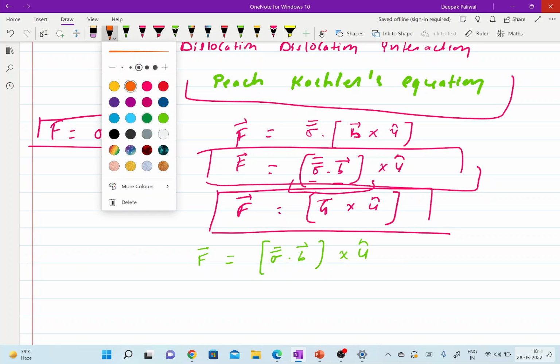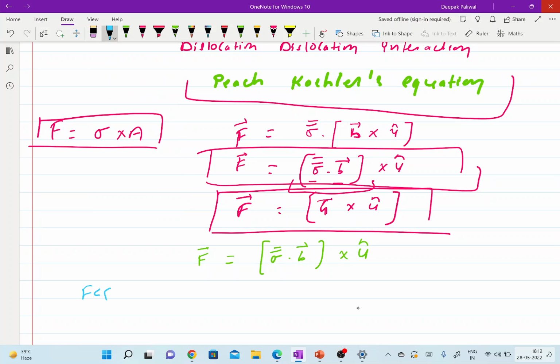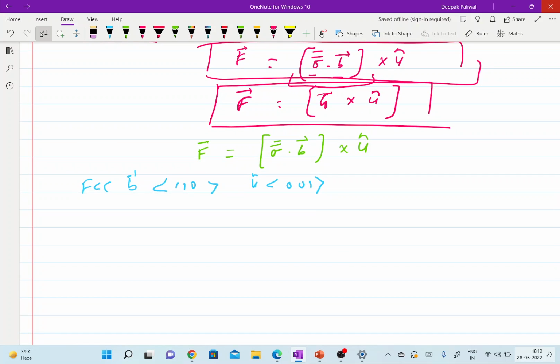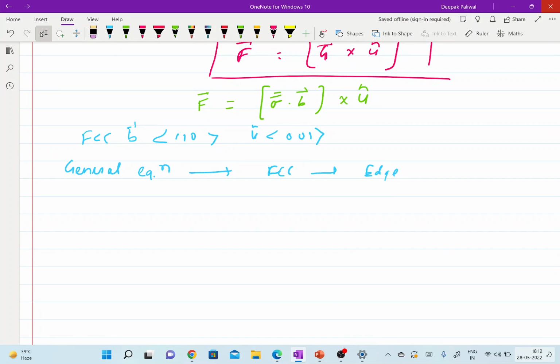Here we are dealing with an FCC material. So our Burgers vector will be of the 110 type, and the line vector we can assume to be of the 001 type. This is for the Burgers vector, this is for the line vector. Let me first write the very general equation, then we will come to the FCC case for a particular edge dislocation.